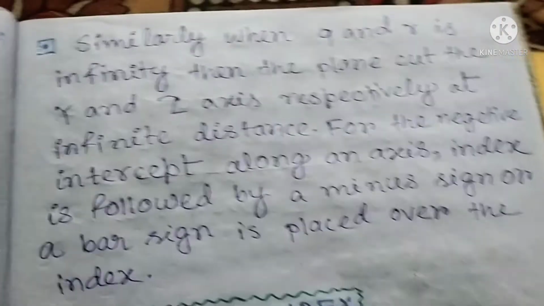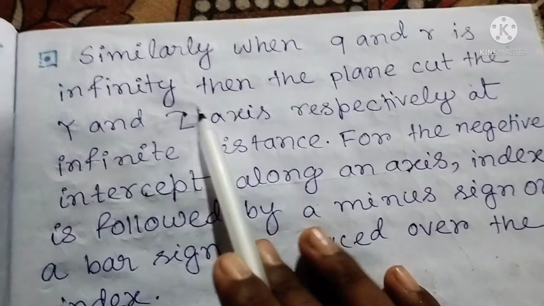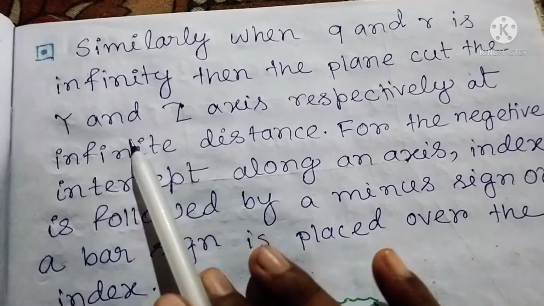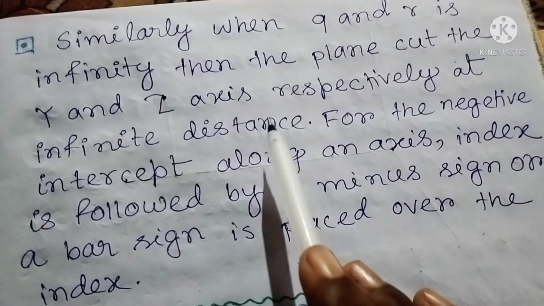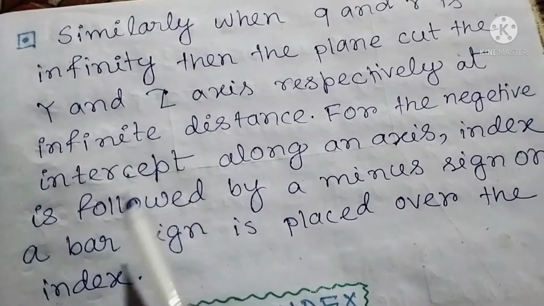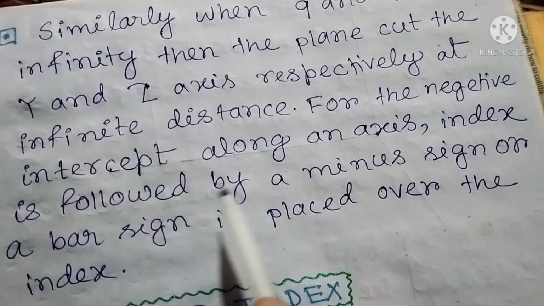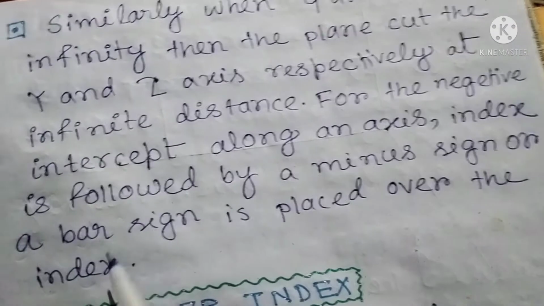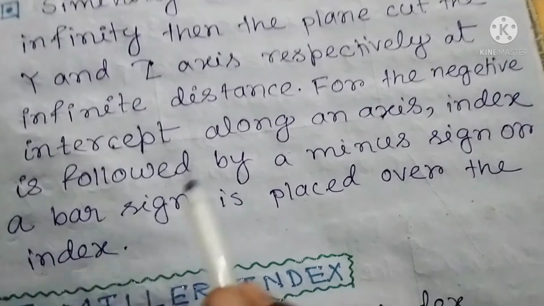Similarly, when q and r are infinity, the plane cuts the y and z axes respectively at infinite distance. For a negative intercept along an axis, the index is followed by a minus sign, or a bar sign is placed over the index.